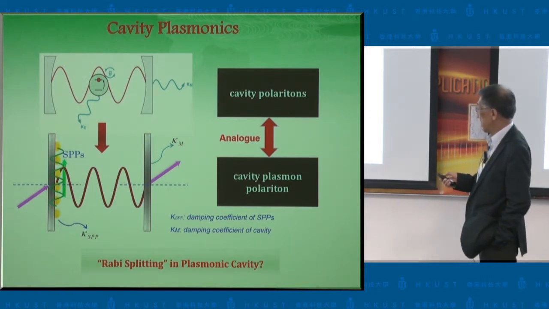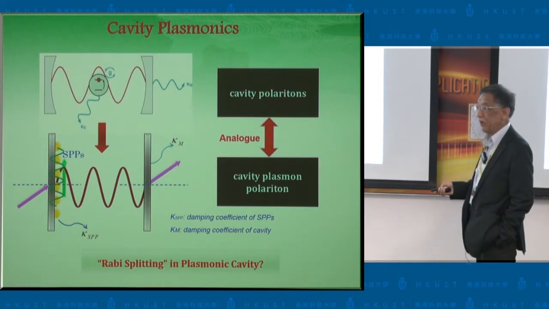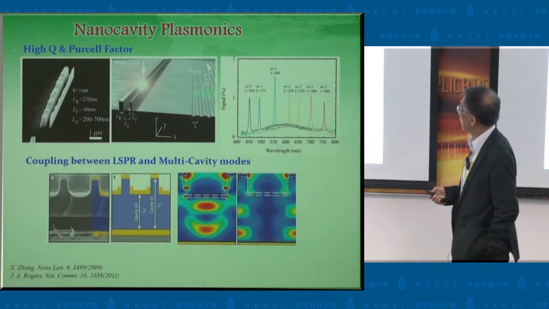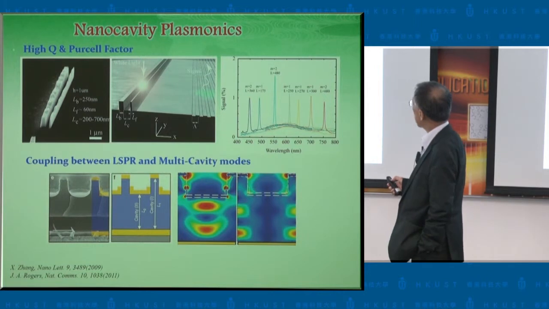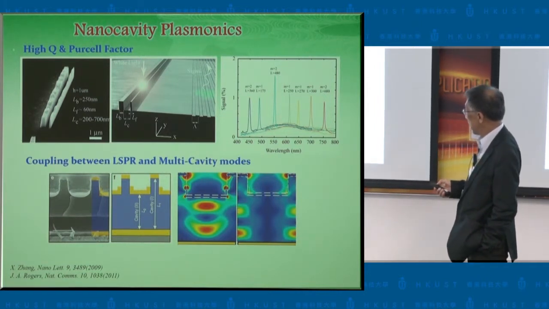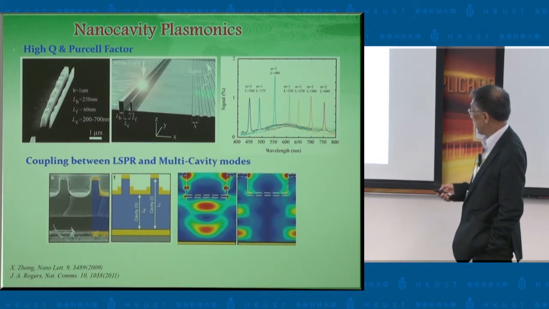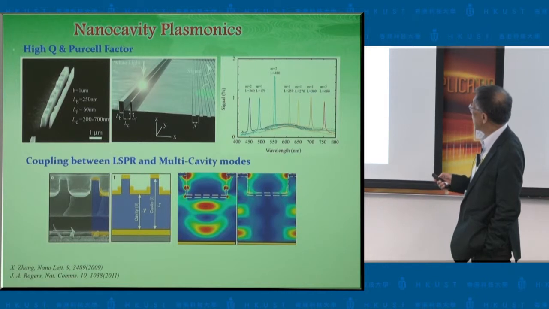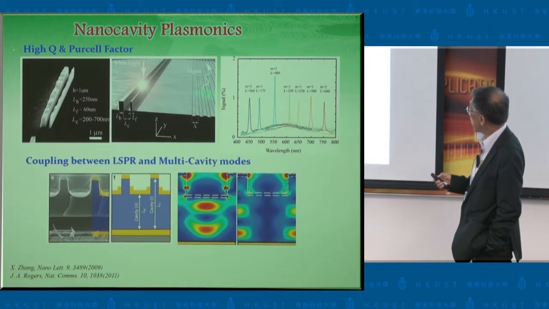That's one of the reasons we just call it a Rabi splitting and not Rabi at all. Now, the nano cavity, the plasmonic itself, has recently been much investigated. You could see a couple of examples here. Here you have a very high Q, and you could generate it by detaching it.